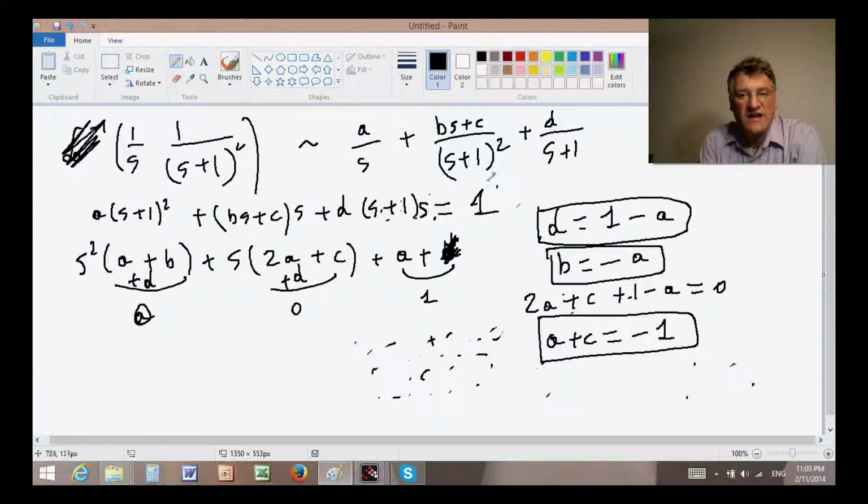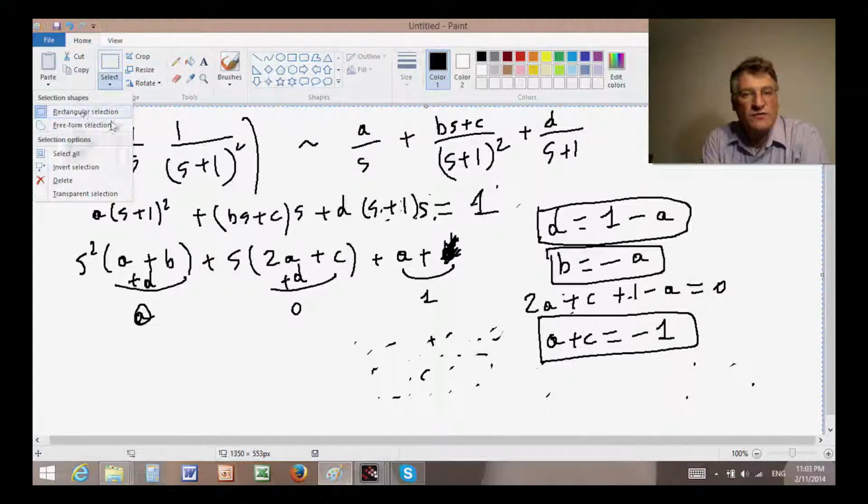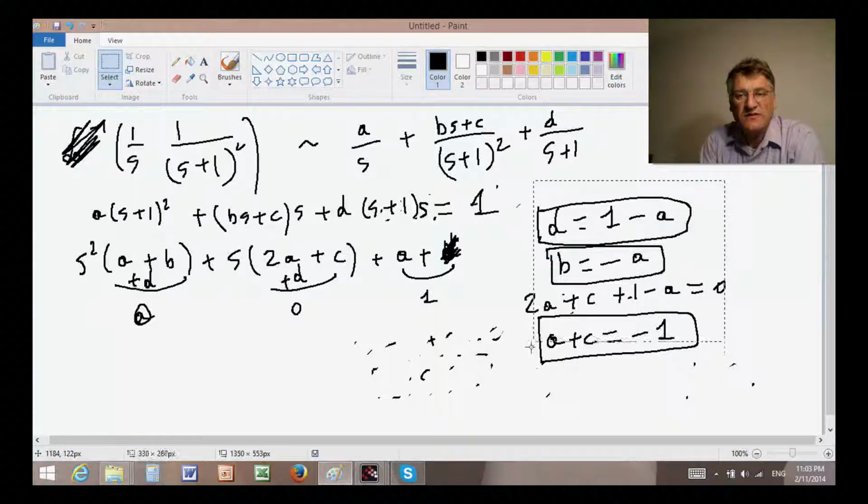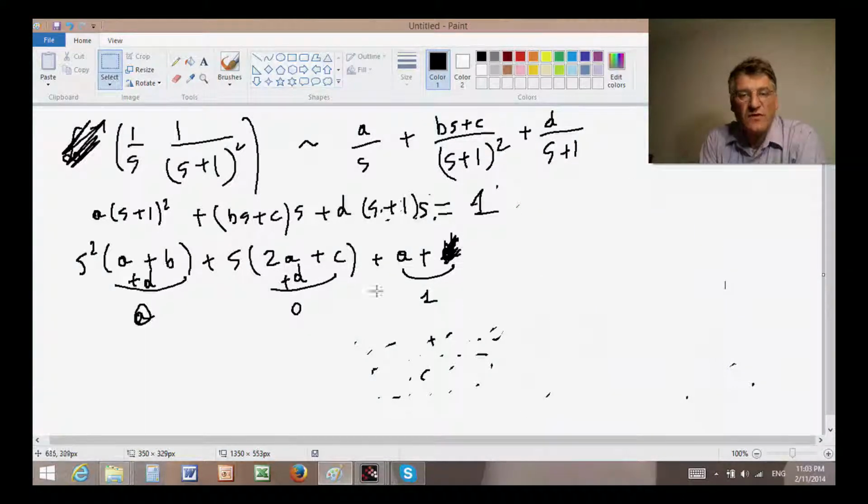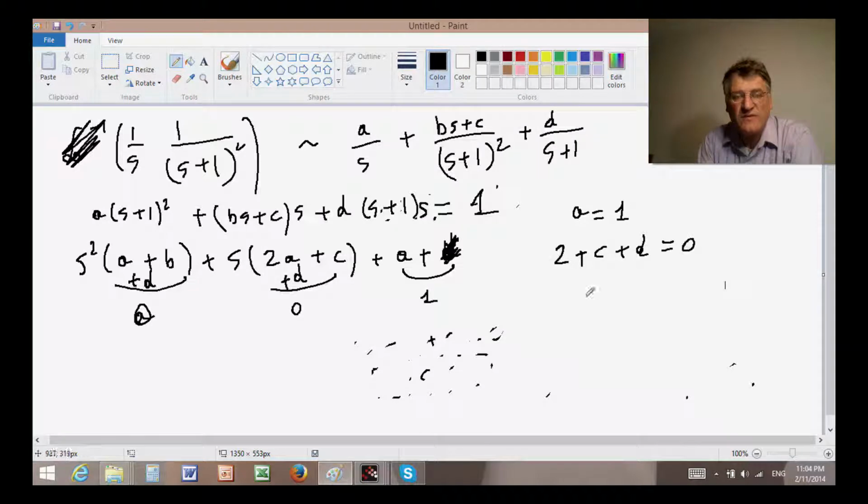Based on that, we can first of all say that what I said before is incorrect, so all this needs to be erased. The next thing is that we're going to discover that A must be equal to 1. Now 2A plus C plus D must be 0, so 2 plus C plus D must be equal to 0.